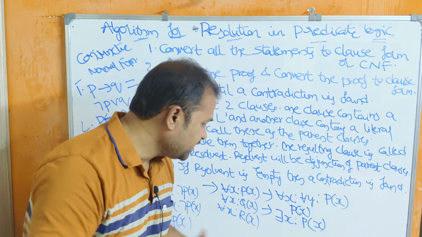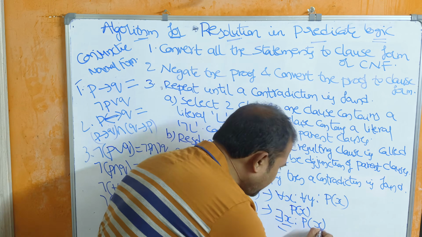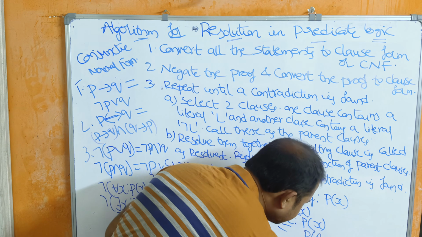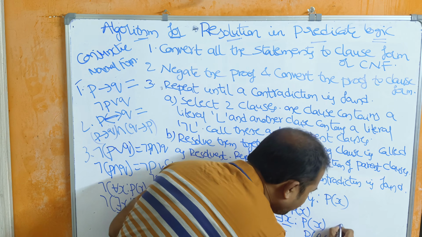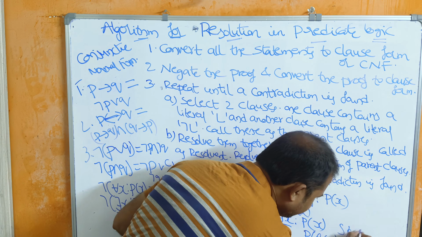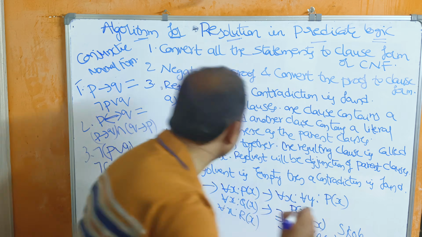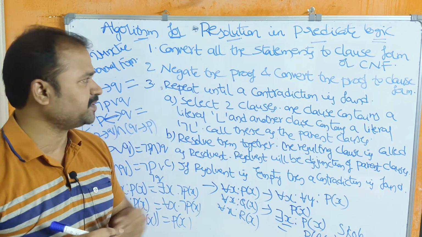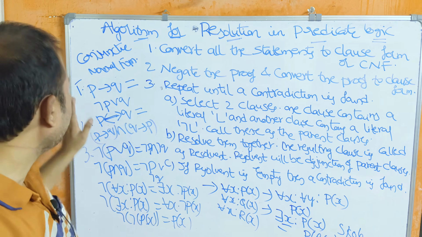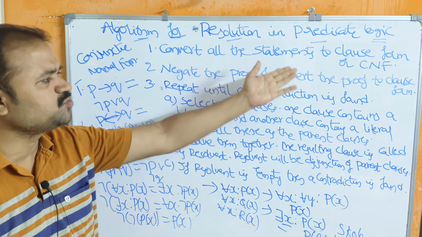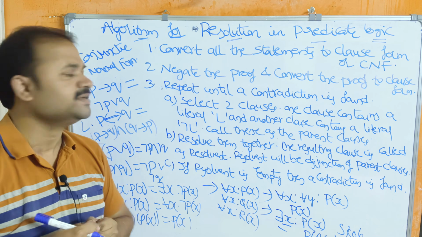Now in order to remove this existential quantifier, we have to replace this x with a Skolem constant. So here this f of x is called a Skolem function. Okay. So this is the first step. What is the first step? Convert all the statements to clause form or CNF.